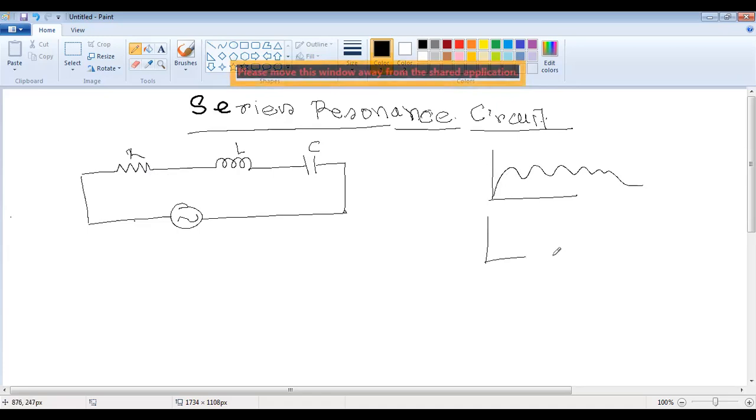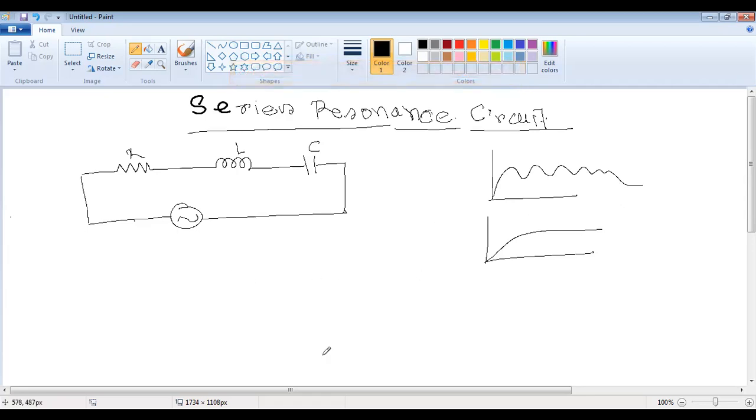But if there is a resistance, then the circuit will be damped. It starts damping, and the current will be damped to a steady state. So this is the series resonance.